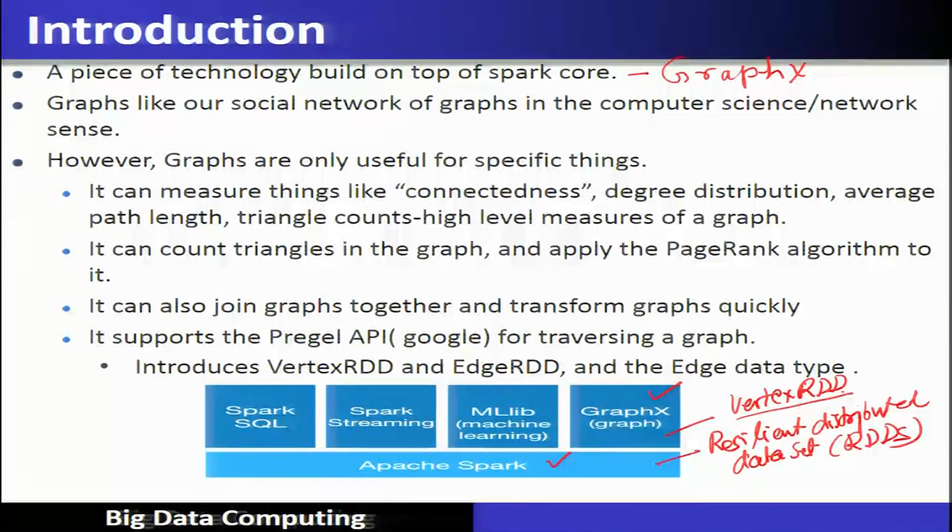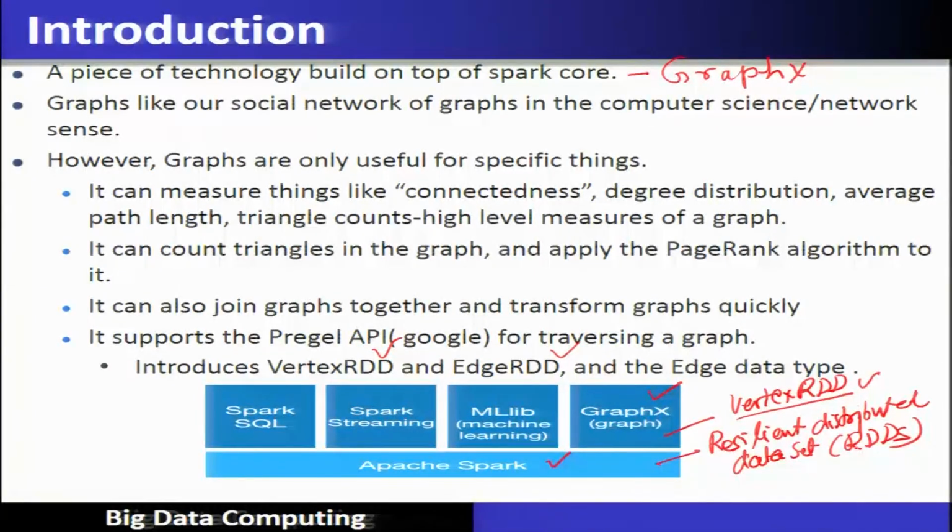That means the vertices of a graph are represented as resilient distributed vertex data sets, that is called vertex RDDs. Similarly, the edges of a graph are represented as the edge RDDs, that is the edge component of a graph, which is represented as the edge resilient distributed data set.